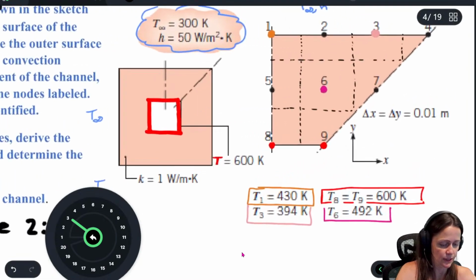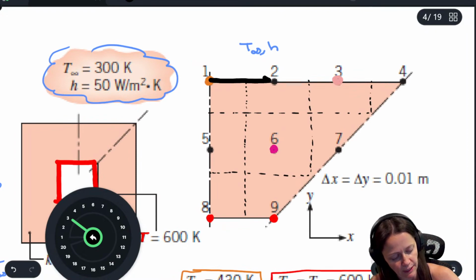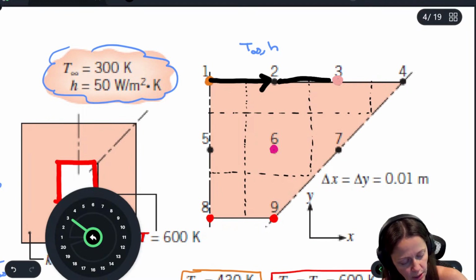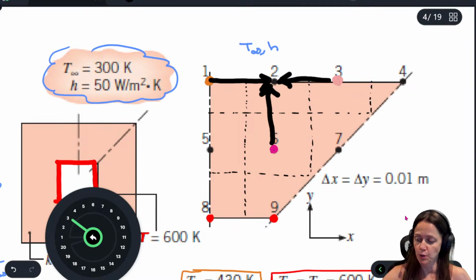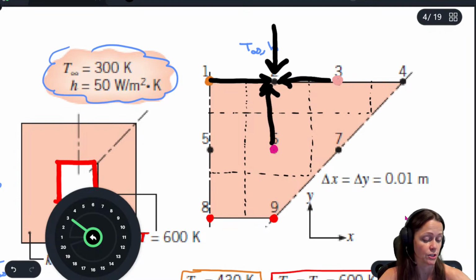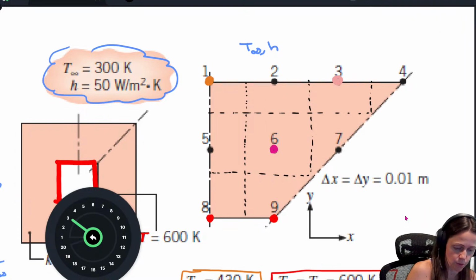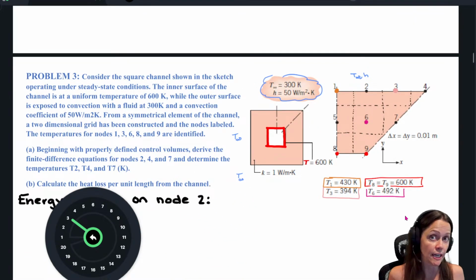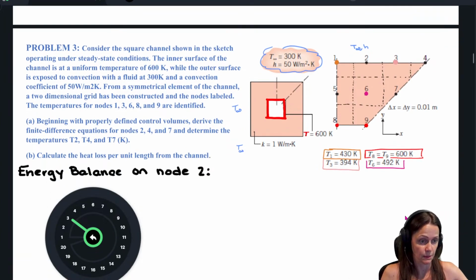If I look at that guy, I have conduction coming from node 1, conduction coming from node 3, conduction coming from node 6, and then I also have convection coming in at the top. I'm going to erase those arrows so I can see what I'm doing. We're going to work our way around, and I don't have any energy generation, so it's just going to be those 4 vectors coming in.